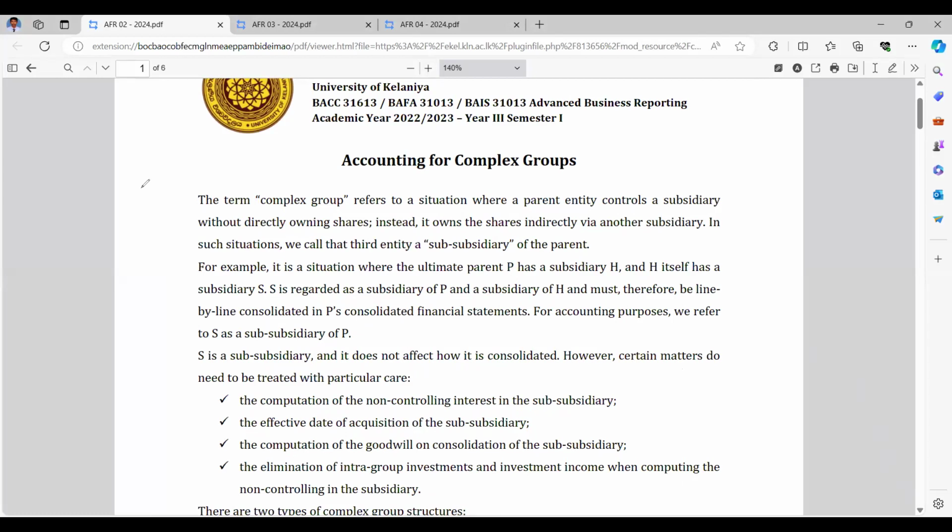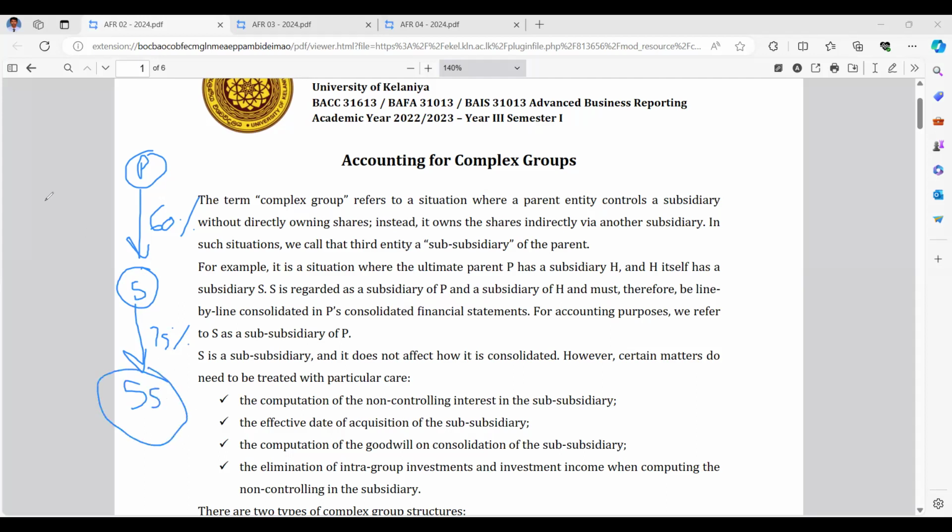If I draw a diagram, the parent owns, let's say, 60% of the subsidiary S, and that subsidiary owns, let's say, 75% of another subsidiary, SS. From the point of view of S, SS is a subsidiary, but from the point of view of the parent, it is a sub-subsidiary.